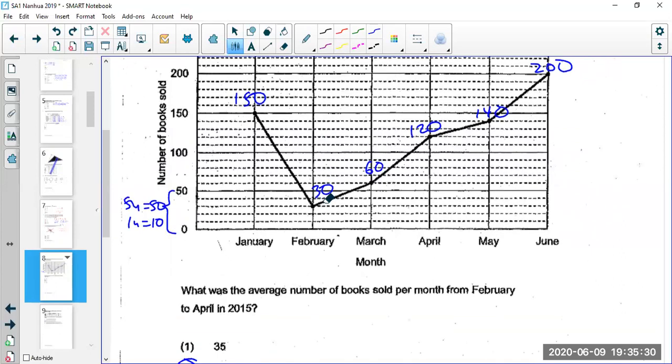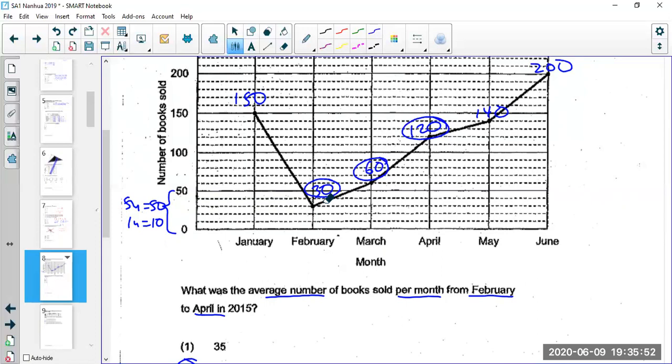What was the average books sold per month from February to April? So you look at February to April. February 30, then 60, until April. You don't add all the numbers. That's why you need to highlight the important words. If you're not careful, you go and add everything, which is not correct.